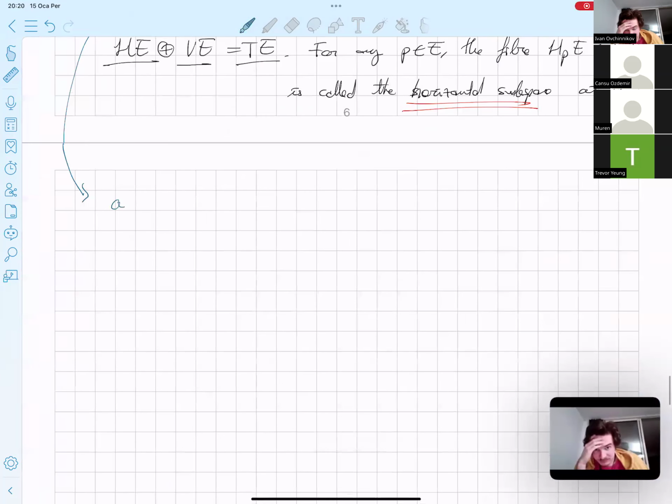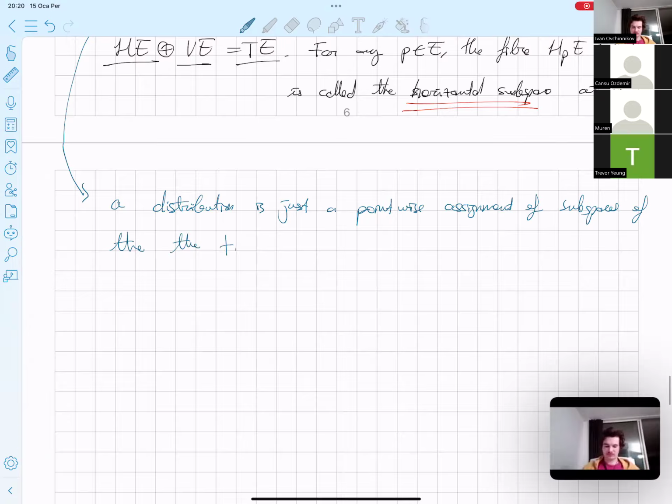A distribution is basically just a pointwise assignment of subspaces of the tangent spaces, so it's just a fancy word for this.